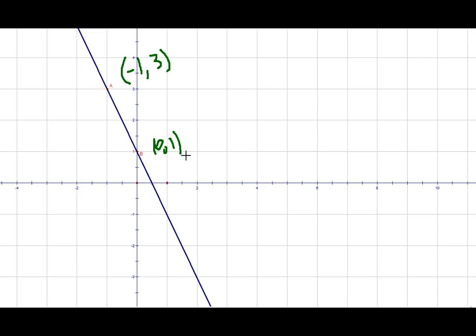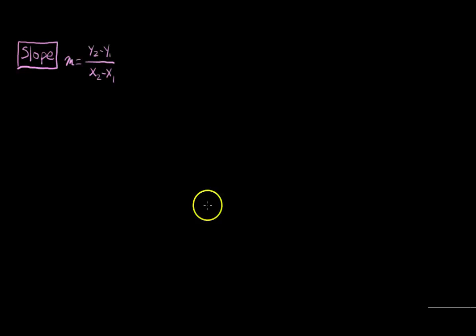So let's go back here and find the slope of this particular line, and we're going to use that to figure out what the parallel and perpendicular lines are and their slopes, and how that all rolls. So again, it was negative 1, 3, and the other one was 0, 1.